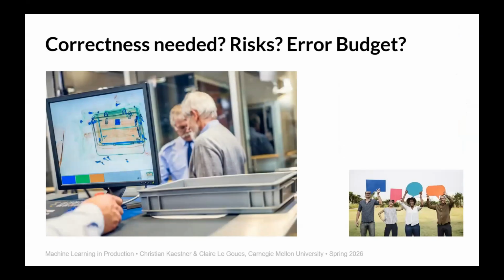So we can think about this now for this system here, right? Do we need correctness? I think if we use machine learning, which I think we have to use, as a vision problem, I don't think we can assure correctness. I don't think there's a way that we will ever be able to tell fully that this software is fully correct and will detect all weapons or all bombs or something like this.